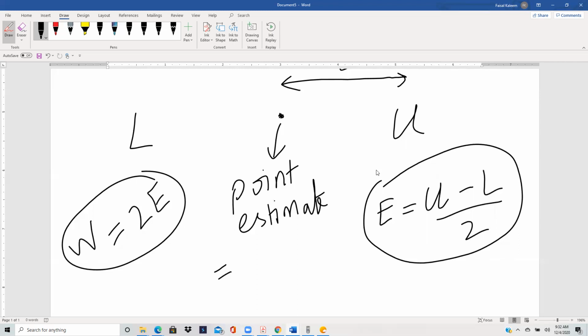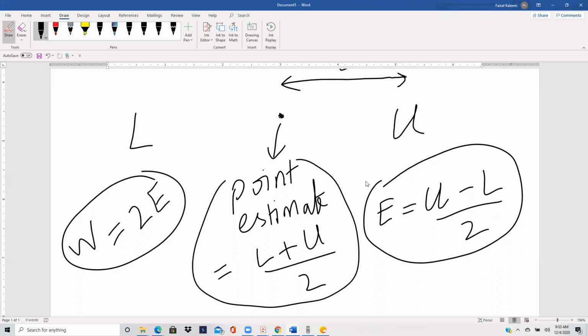So for the midpoint, you divide by 2, but what should we have on the top? L plus U. Uh-huh. So it's the point estimate.